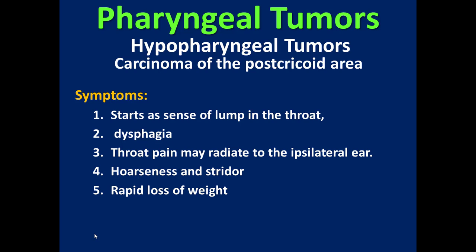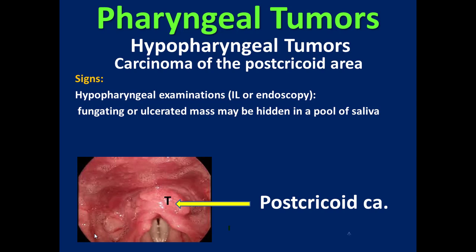Symptoms start with a sensation of a lump in the throat, and then progressive dysphagia and pain in the throat, sometimes radiating to one ear, change of voice, even stridor, and loss of weight when the tumor is in an advanced stage.